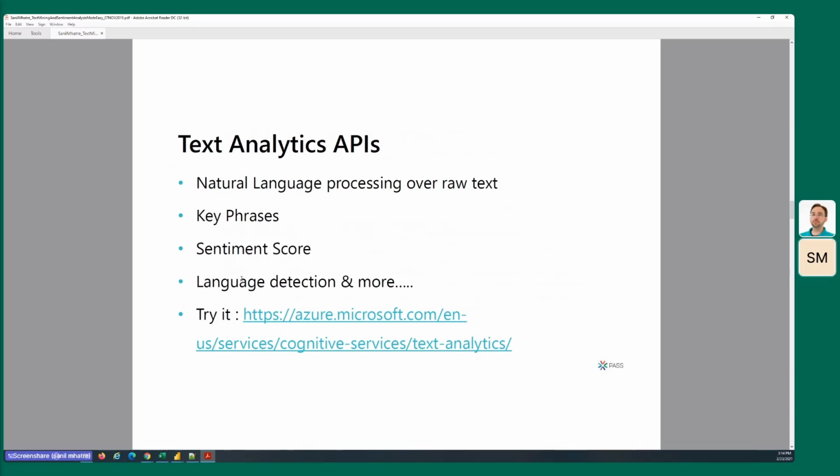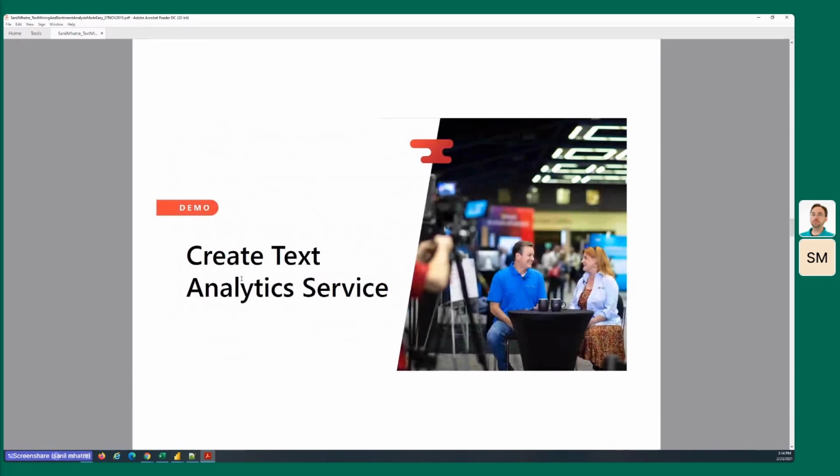And I would say if you haven't tried it yet, just take it for a spin. It's super fun to use. So with this, I'm going to switch over to my browser and log into the Azure portal and show you how to create a text analytics service.